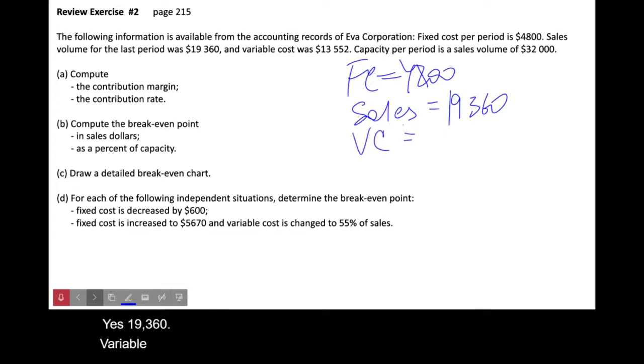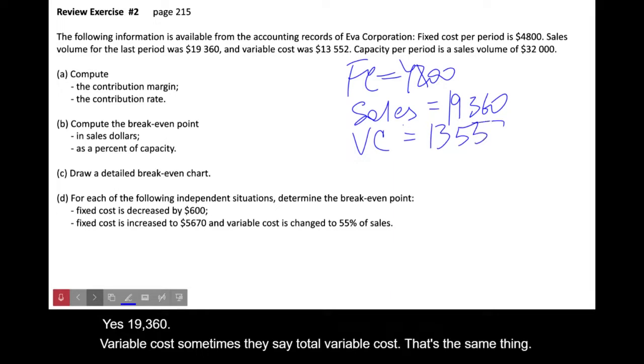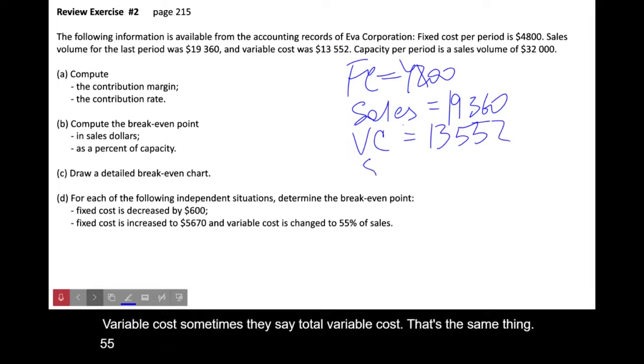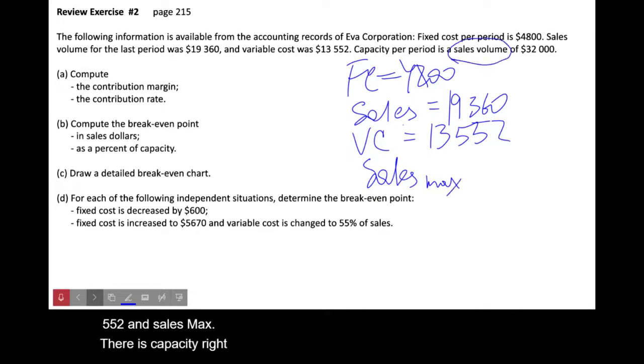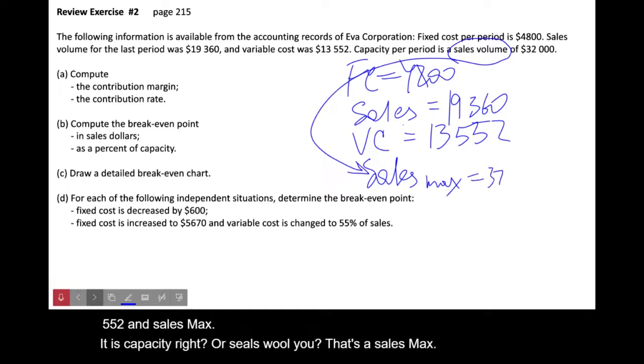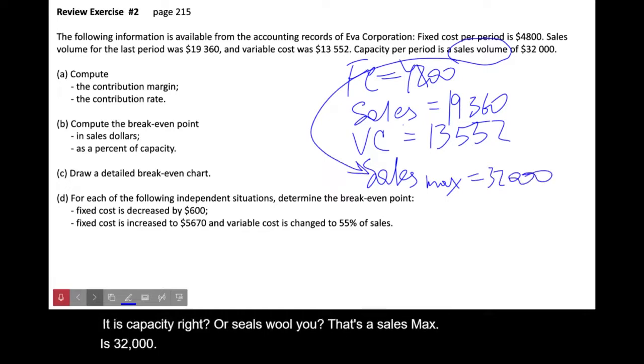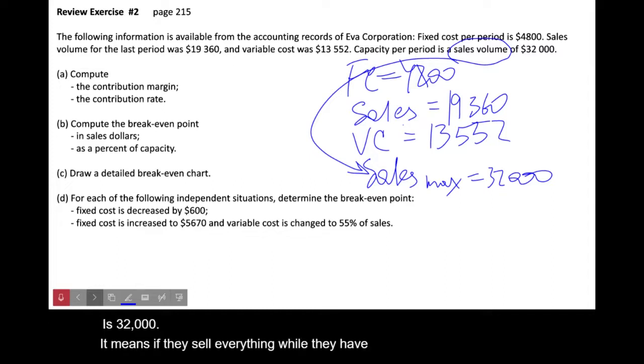Variable cost, sometimes they say total variable cost, that's the same thing, 13,552. And sales max, that is capacity, right? So sales volume, that's a sales max, is 32,000. It means if they sell everything, well, they have 32,000, right?